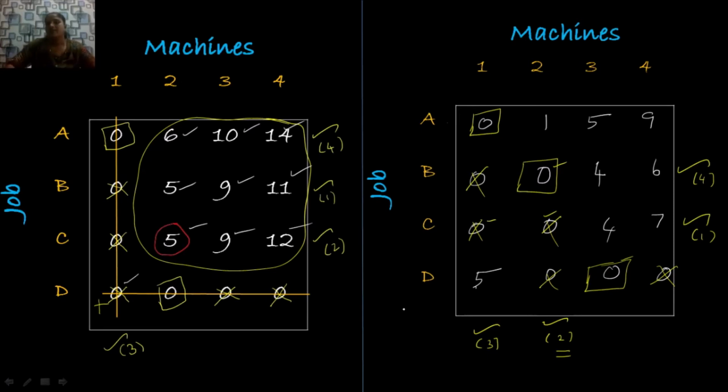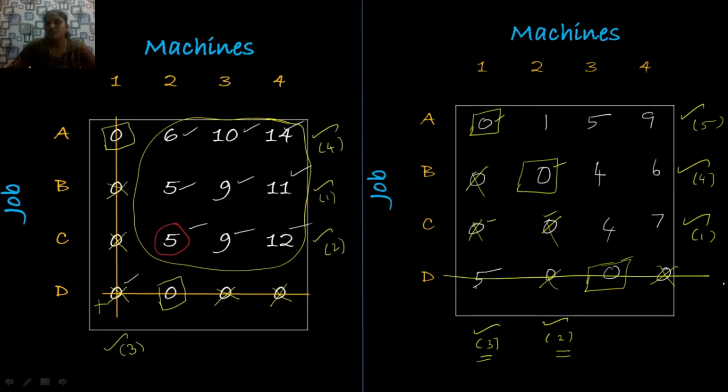And next we start with the third marked column. In this column, check whether any assignment has been made. Yes, there is an assignment here. If so, you mark this corresponding row. This is your fourth step. After doing this, you have to draw a straight line through all unmarked rows.